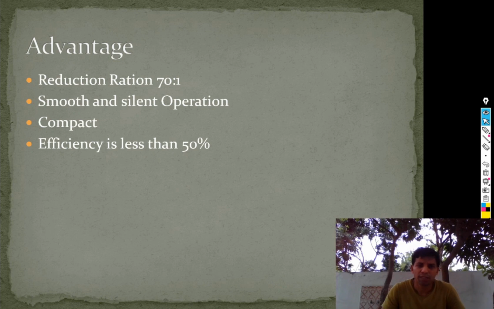It has smooth and silent operation and is compact in design, and efficiency is less than 50%. Sometimes efficiency less than 50% also gives you application in different places, where we require less efficiency.